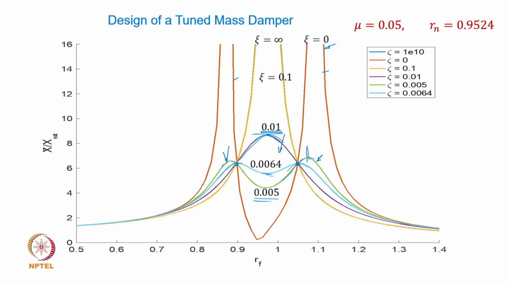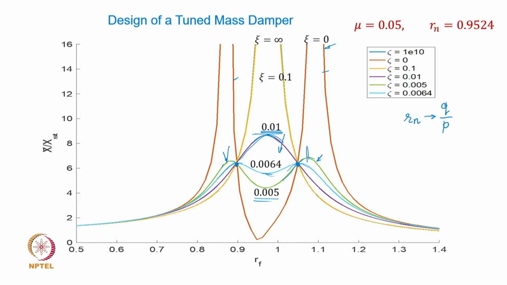The way to bring the amplitudes at these points equal is by proper tuning of this Rn value, the ratio of the natural frequency of the absorber and the parent system natural frequency. You will soon understand how we can do that.